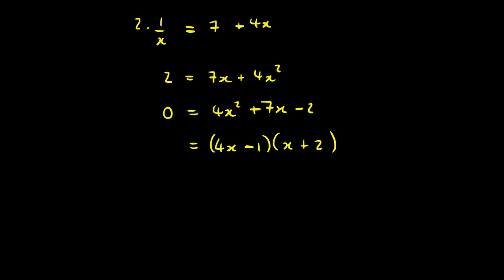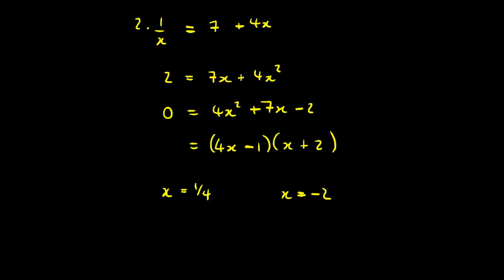If I expand this, I get 4x times positive 2, which is 8x, and minus x. So this gives me two solutions: x equals a quarter, or x equals negative 2.